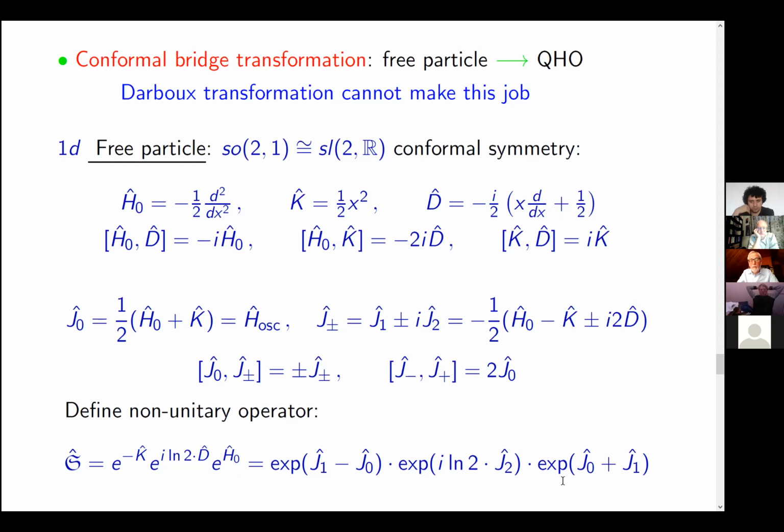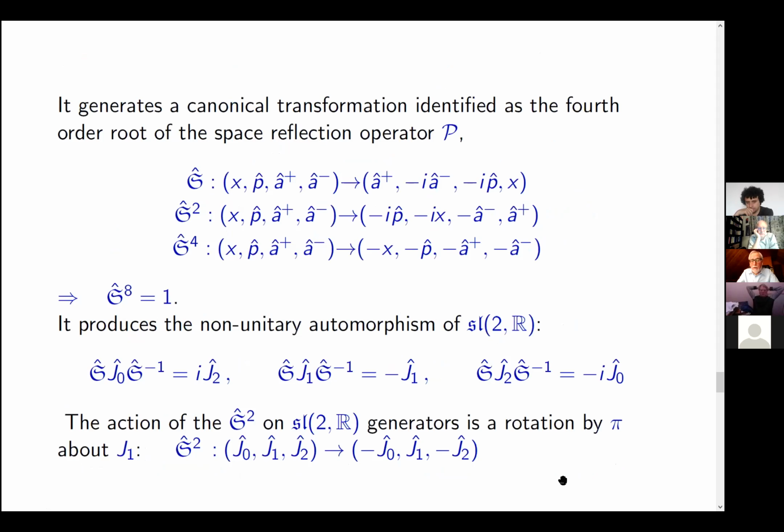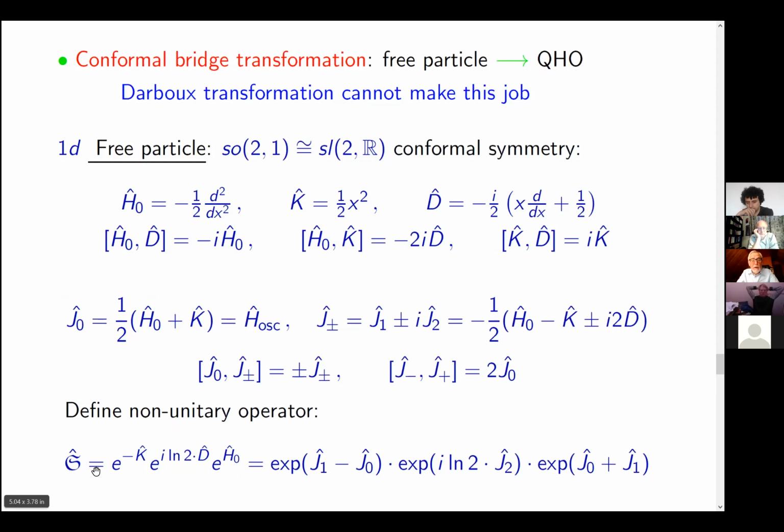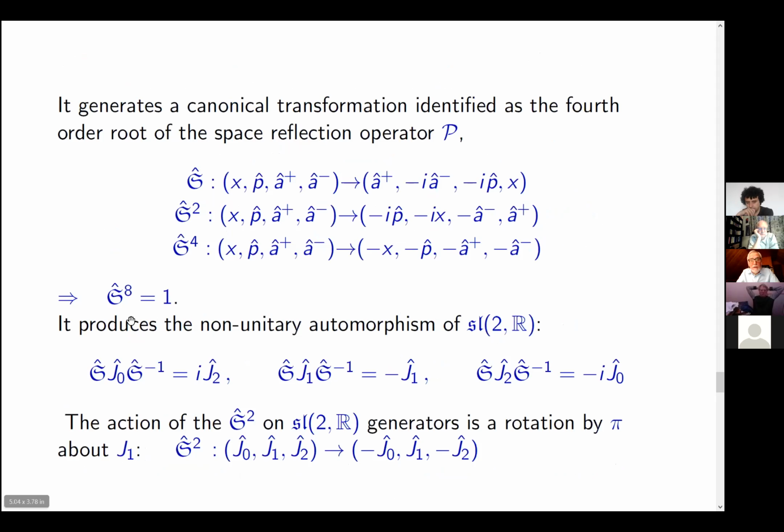Now, what is the nature of this operator? What is the job made by this operator? You see that when it is applied to the X and P operators of the free particle, and to the corresponding linear combinations which correspond to creation and annihilation operators for the quantum harmonic oscillator, they are transformed in the form indicated here.